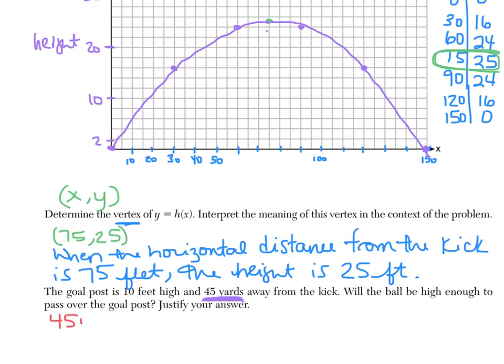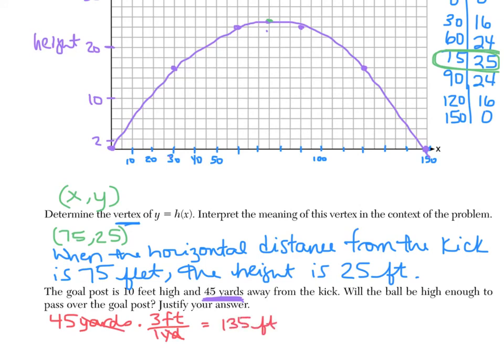Because my x-axis is measured in feet, I have to convert this to feet. I know that there are 3 feet in 1 yard, so I'm going to write the fraction that way so that my yards will cancel. 45 times 3 is 135 feet.